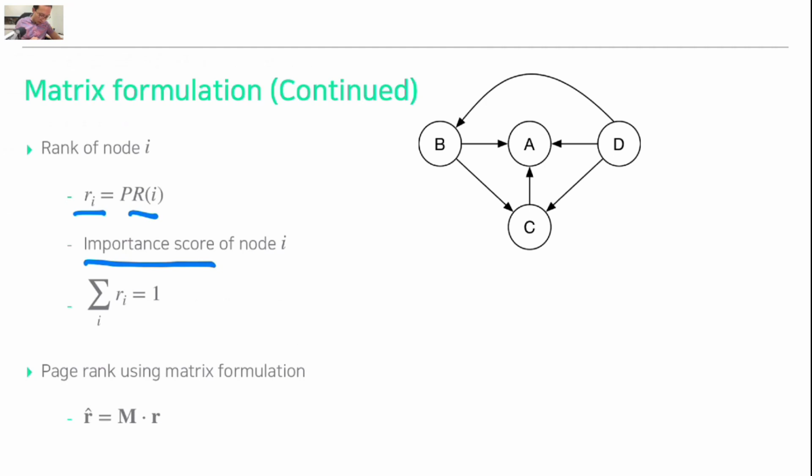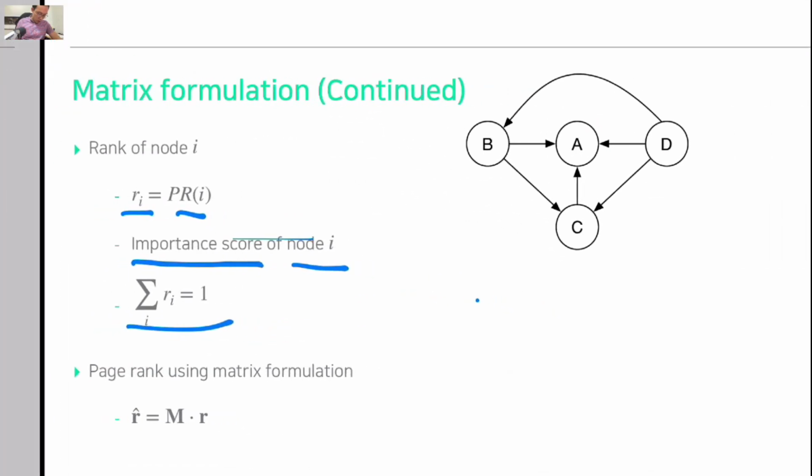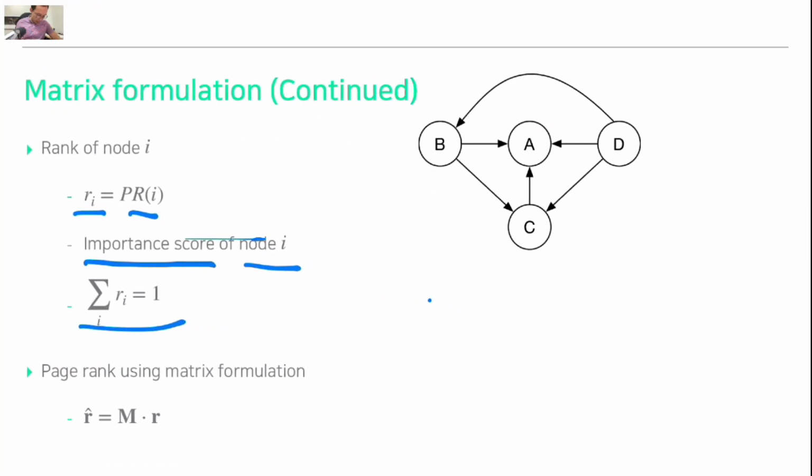The sum is equal to 1. Previously we summed up using the outgoing links, right? Now we can get the matrix formulation, right?